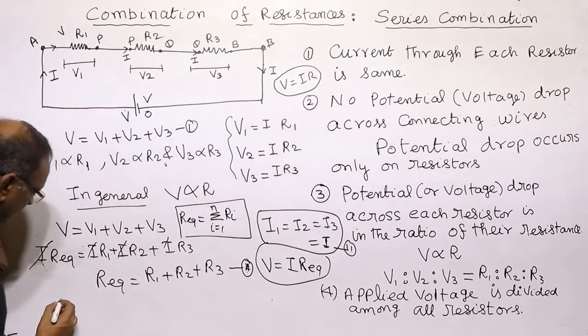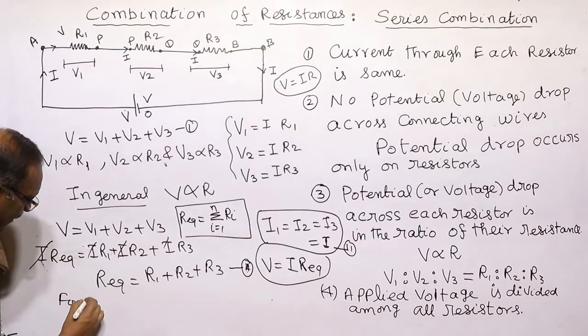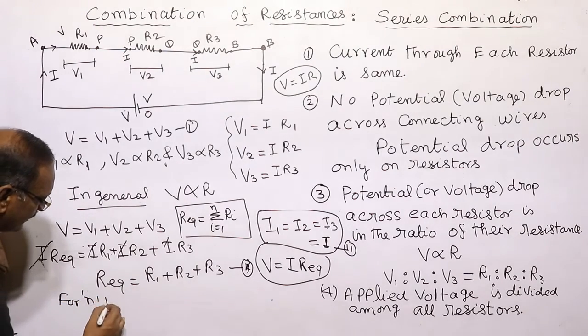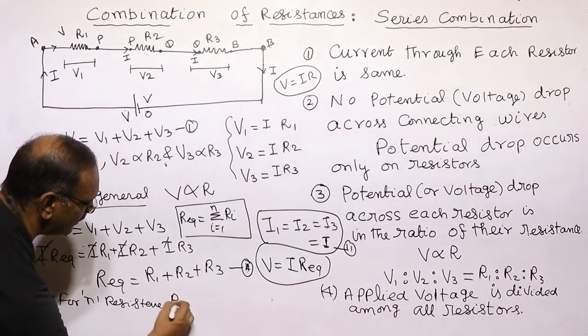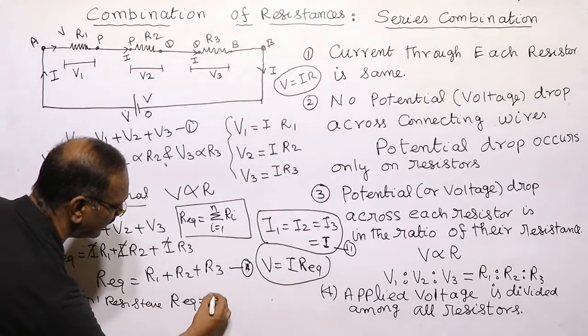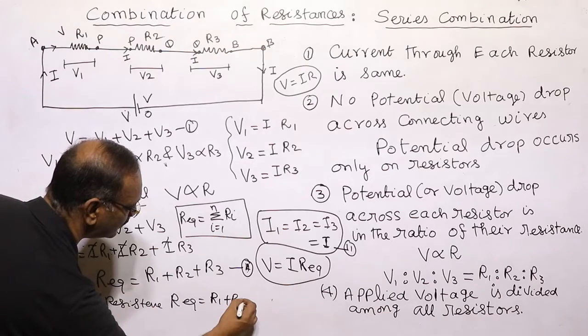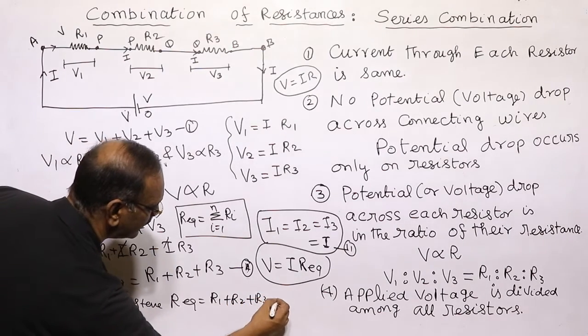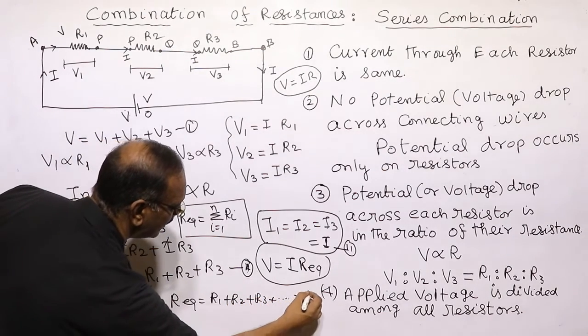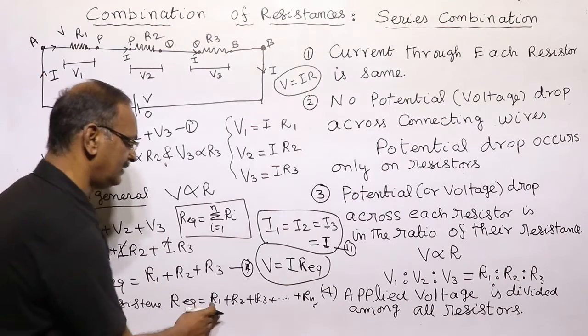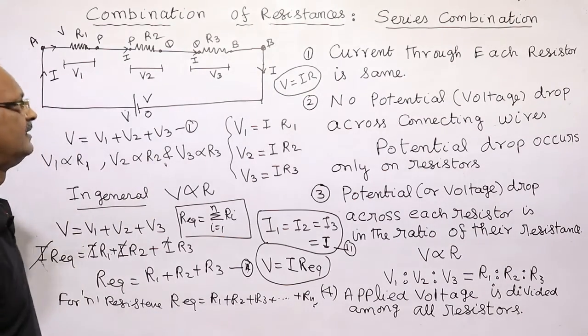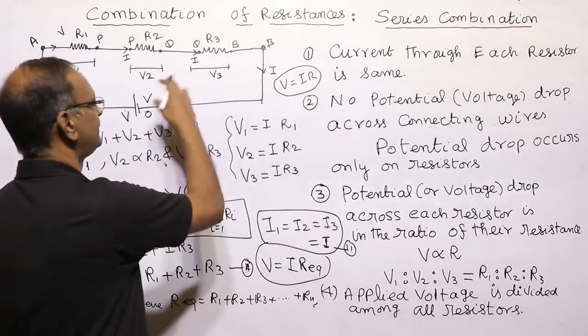For N resistances, R equivalent is equal to R1 plus R2 plus R3 up to plus Rn. Therefore, the summation of all the resistances is the equivalent resistance when the combination is in series.